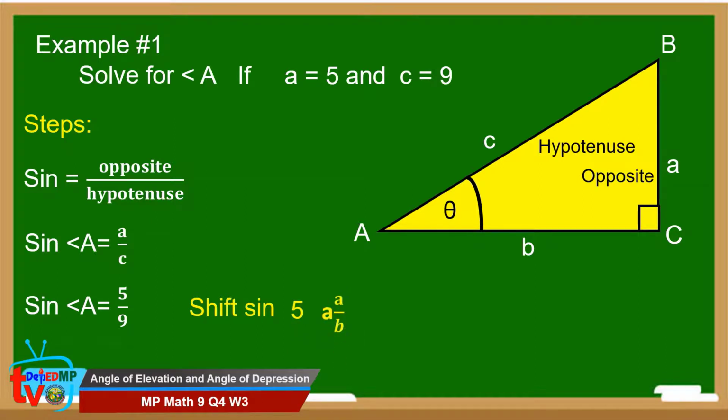Press the fraction symbol a over b. Press 9. Press equals. What is the result? It is 33.75. That means measure angle A is 33.75 degrees. Clear? Did you understand?